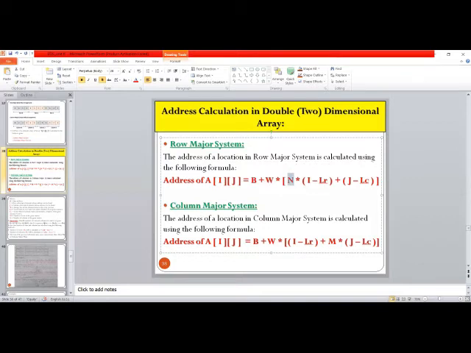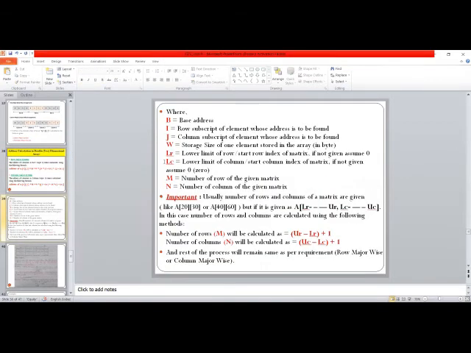Now here n, what does n stand for? N is number of columns in a particular matrix, right? Similarly, m is number of rows in a given matrix. So m is rows, n is columns, right?